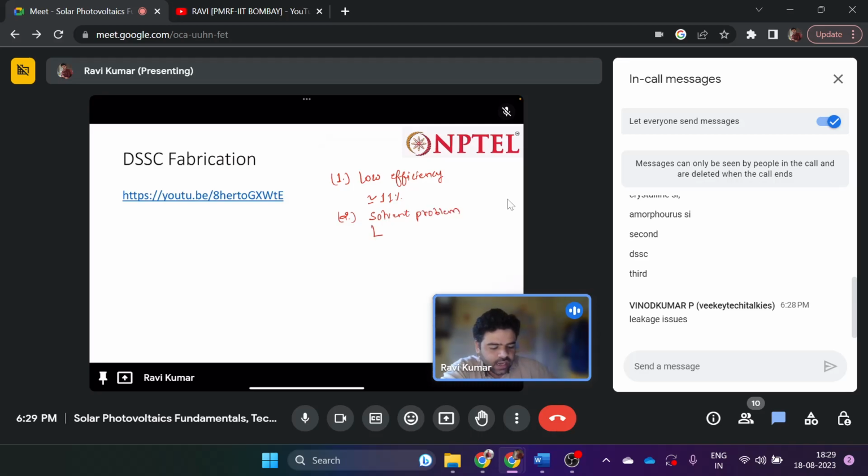It means we are using electrolyte that may leak from the solar cell or solar panel. Yes, we know, you are right, leakage issues. This electrolyte may leak because a solar cell should work in the field for about 20 to 25 years. So this electrolyte may leak in this large span of time.